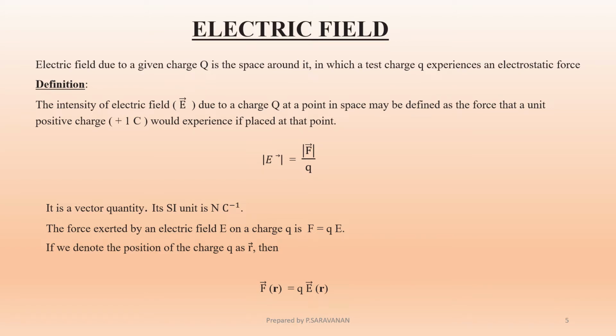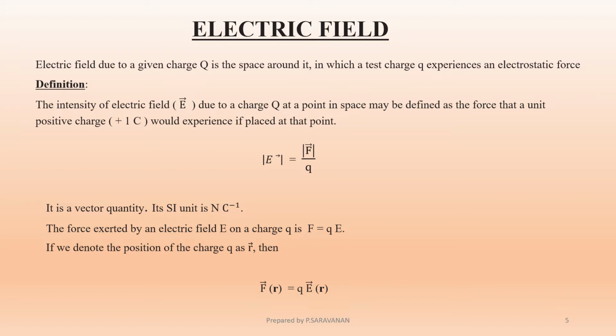Suppose the given charge plus Q is positive and inside its field, any other unit positive charge plus 1 coulomb enters. Will it be repelled or attracted? Yes, it will be repelled. In place of plus 1 coulomb of charge, if you bring plus small q coulomb of charge, what will be the nature of the force again?